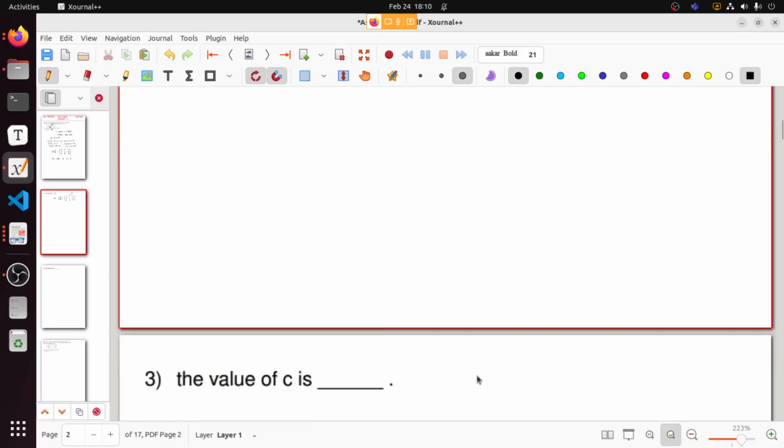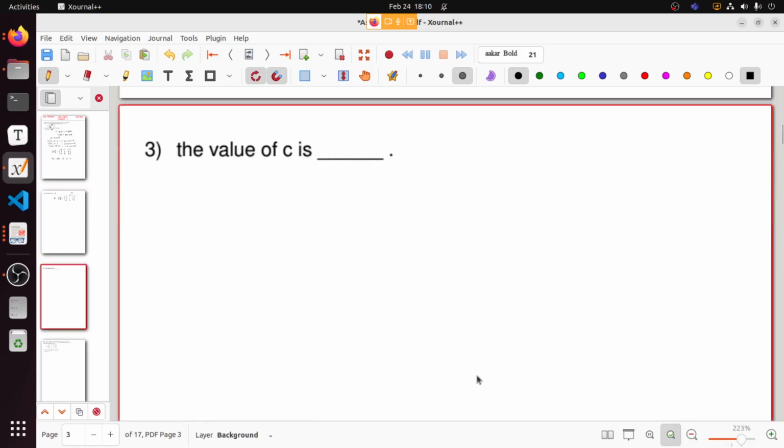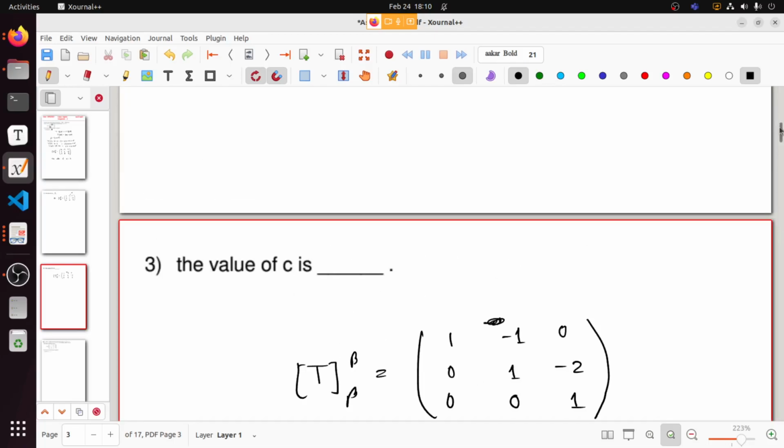So now move to question number 3. You have to find the value of C. So let's see where C is. T beta beta is 1 0 0, minus 1 1 0, 0 minus 2 1. And where is C?